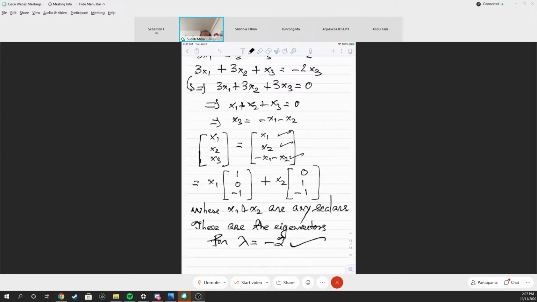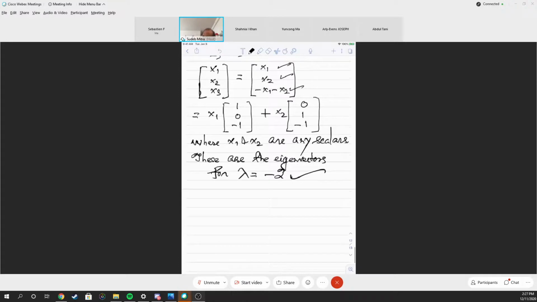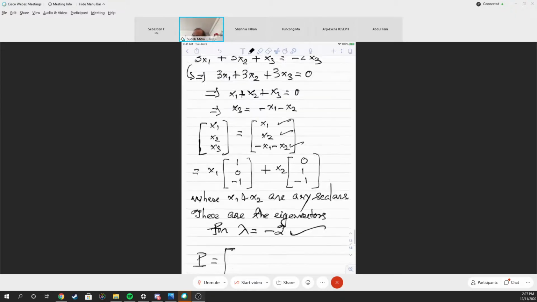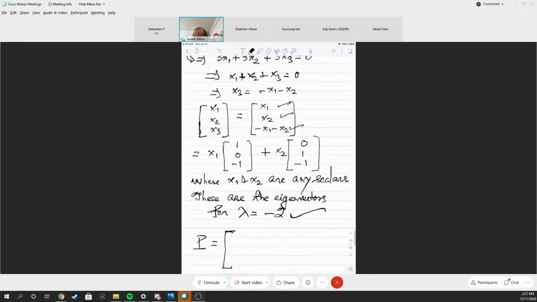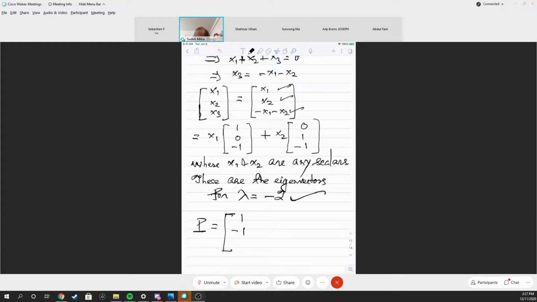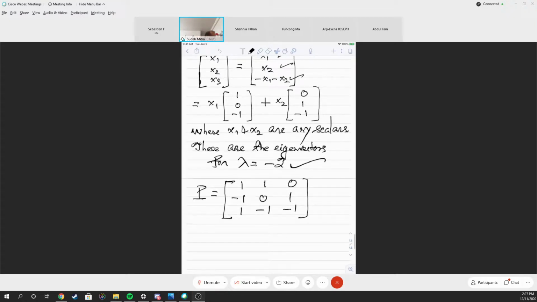So actually, when I asked you to diagonalize it, the matrix P that diagonalizes this was like this. You see, 1, minus 1, 1; 1, 0, minus 1; 0, 1, minus 1. And then when you do P inverse AP, actually I did my calculations here.